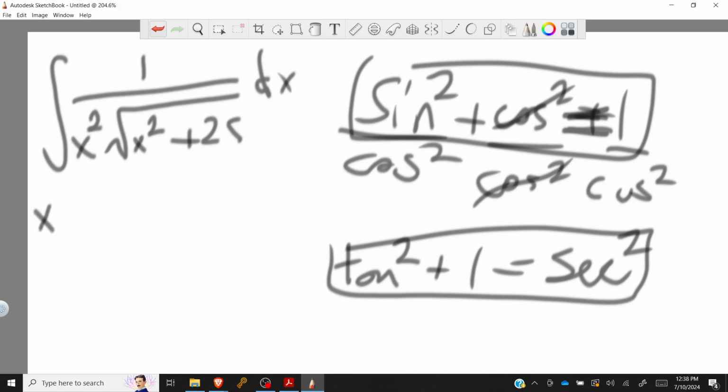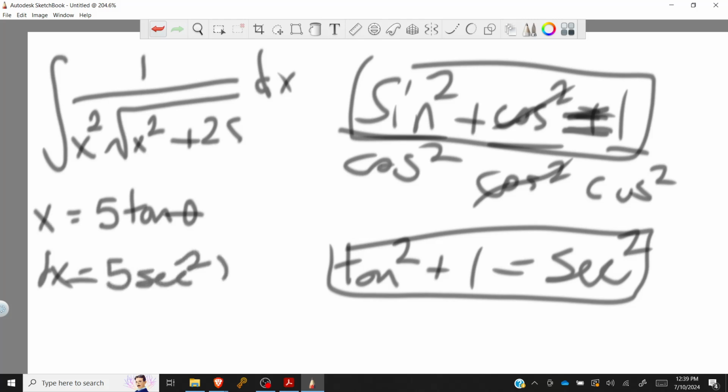So I'm going to have my x equal 5 tan theta. And I'm choosing 5 because I'm going to square it, and I want the number to equal that. So my dx is going to be equal to 5 secant squared theta d theta.